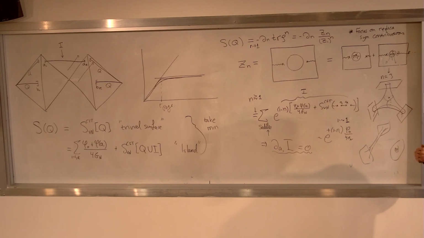And if I focus on one replica, then on the actual sheet I have to go through the branch cut to transition. Yeah, it doesn't matter where you are.